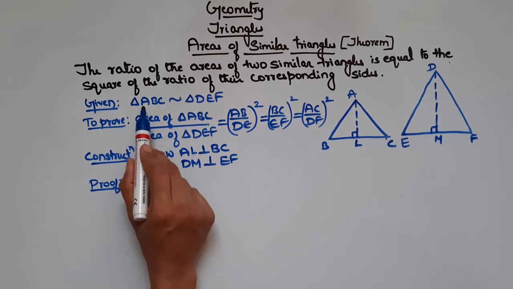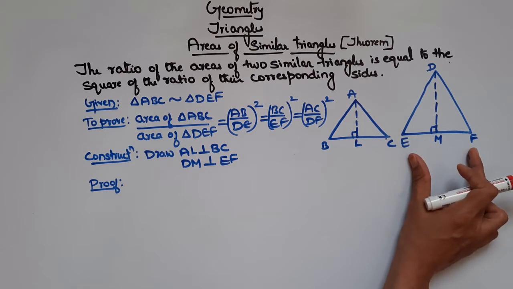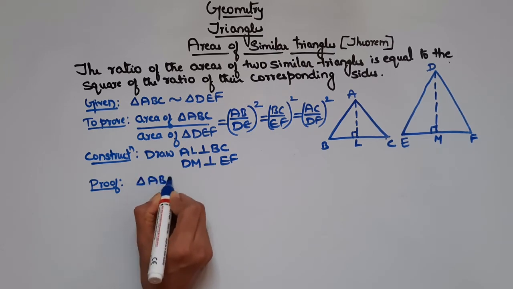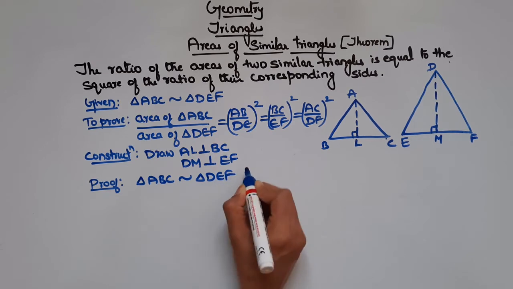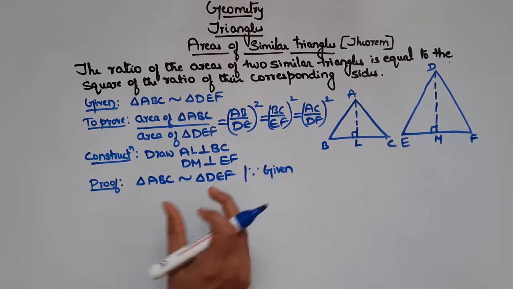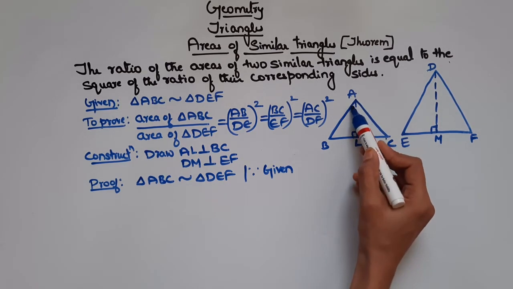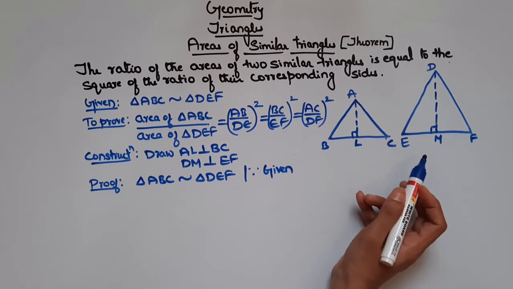So now we already know triangle ABC is similar to DEF, right? So first let's write that triangle ABC is similar to triangle DEF since given. So if these 2 triangles are similar, that means they are equiangular, their corresponding angles are equal and their sides are proportional. Agreed?